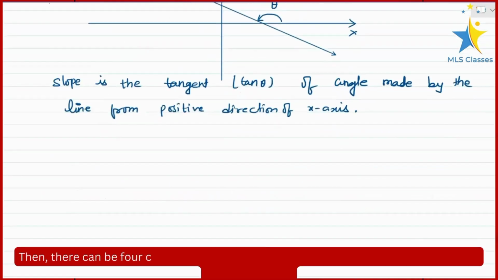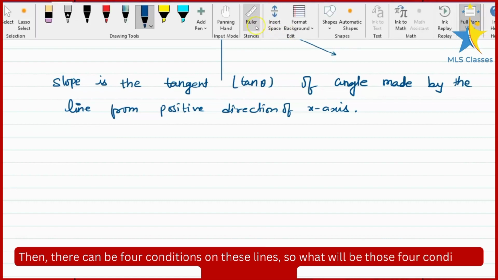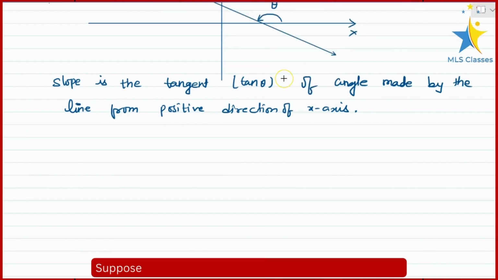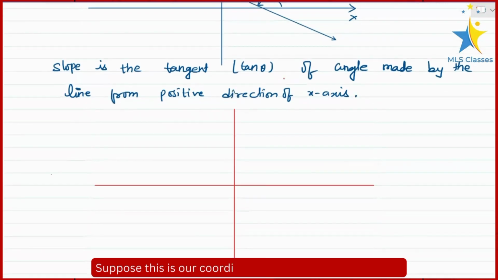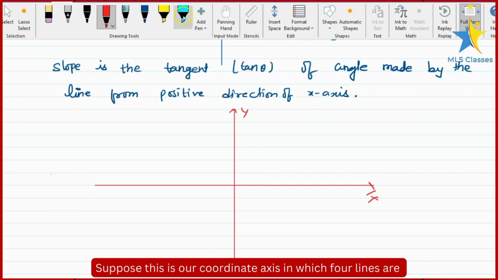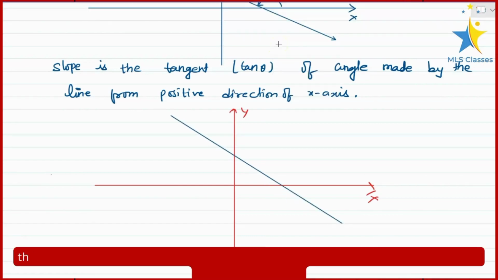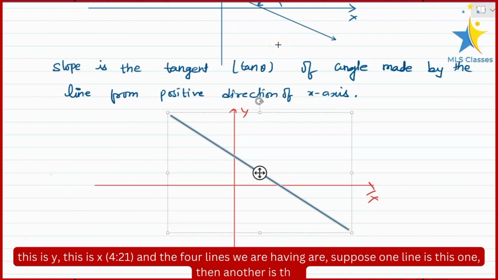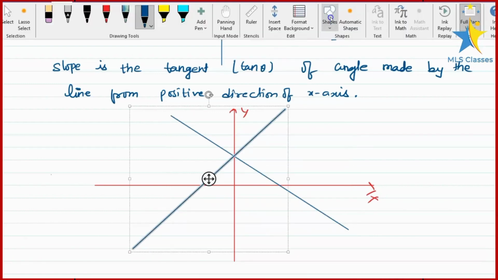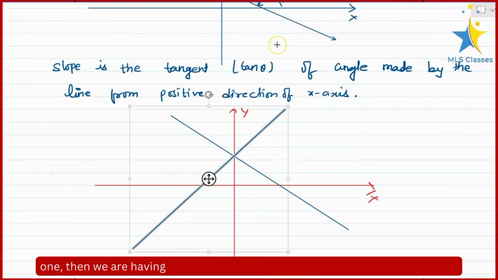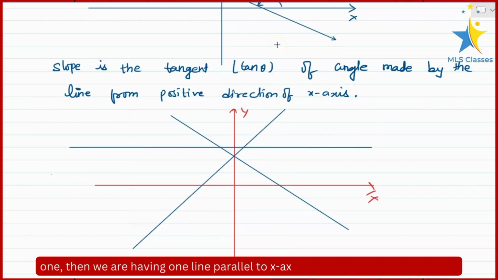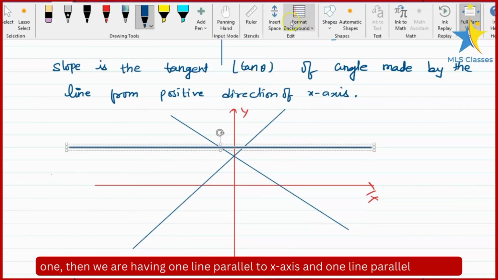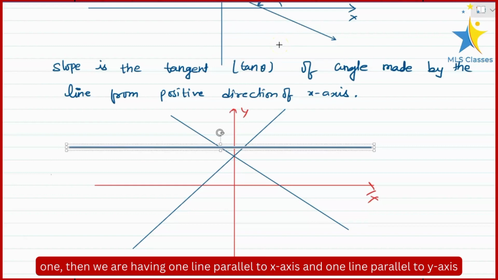There can be four conditions on these lines. Let's see what those four conditions are. Suppose this is our coordinate axis, with y and x, in which there are four lines: two slanted lines, one line parallel to the x axis and one line parallel to the y axis.